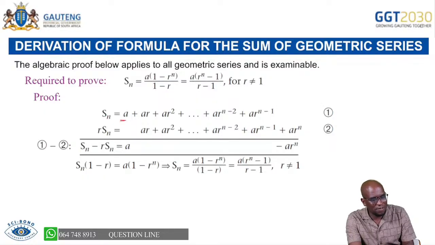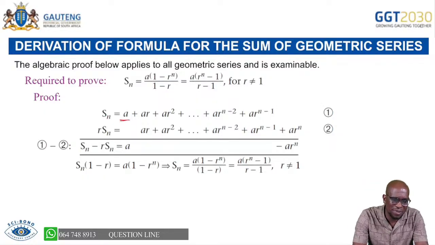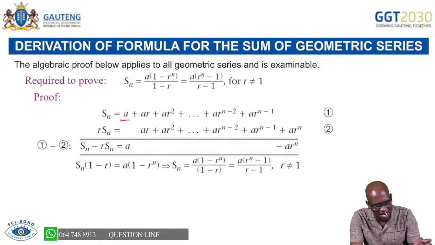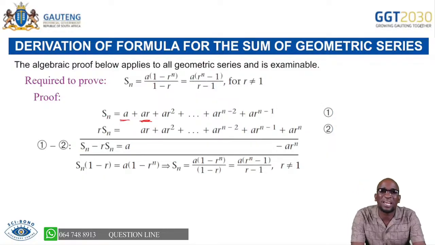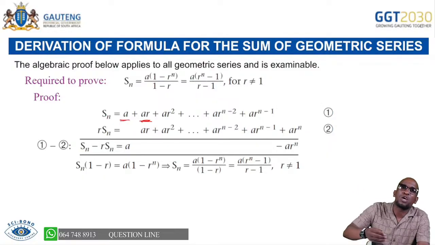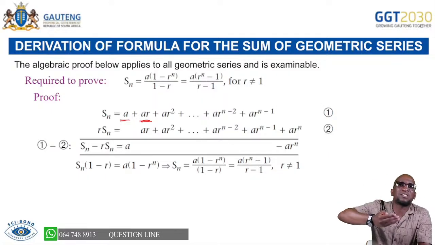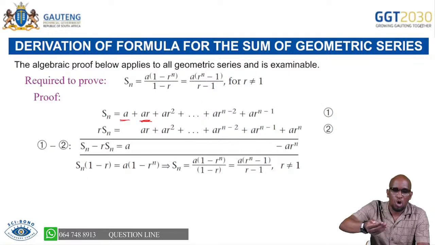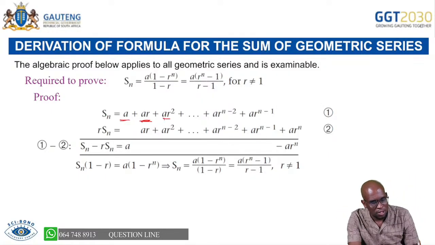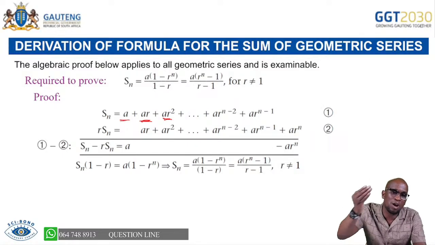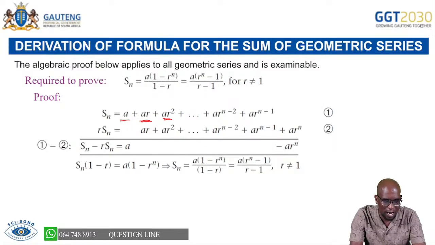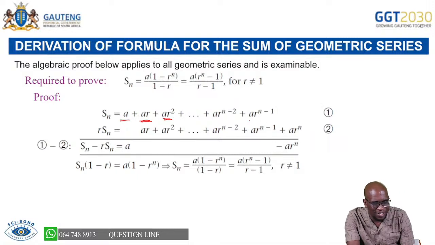If the first term of the geometric series is a, then the next term should be a times r, because to move to the next term we multiply the previous term by the constant ratio. So as you move along the terms, you multiply by the constant ratio.